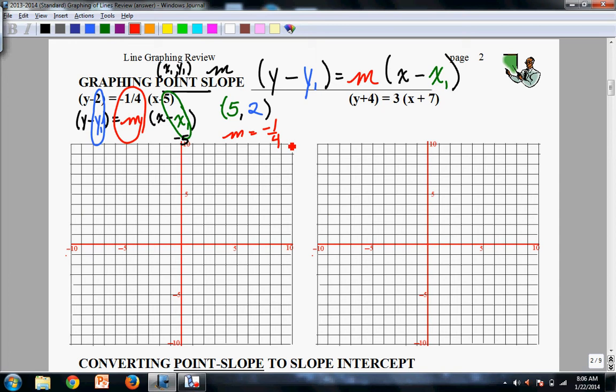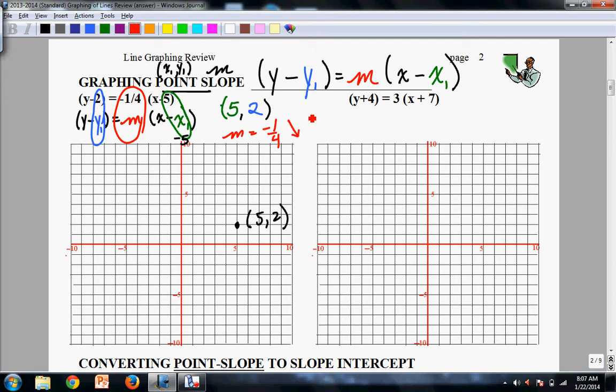My slope is -1/4. Now this is a real piece of cake to graph. It's just you're not starting at the y-intercept. You start at the point, 5, 2. So over 5, up 2. That's your point. Start at the point.